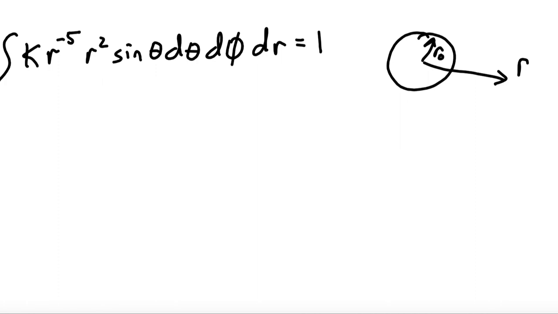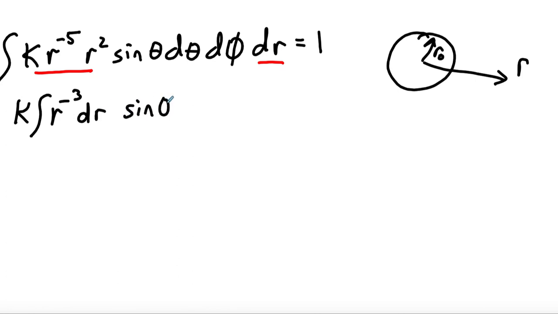Let's combine all the terms that have anything to do with r. So we've got a k, which we can just pull out. This is a constant. And then we've got r to the negative third dr. We've got a sine of theta d theta.